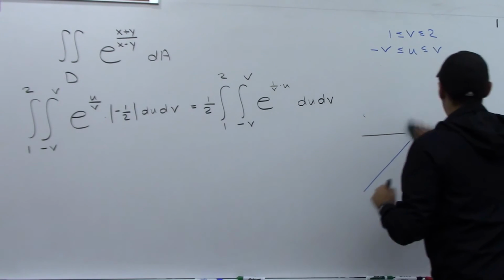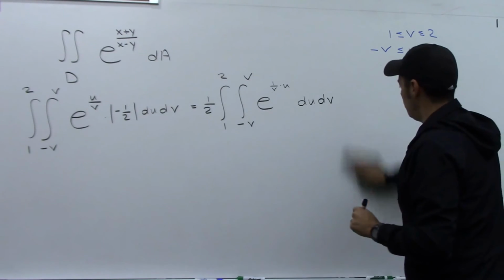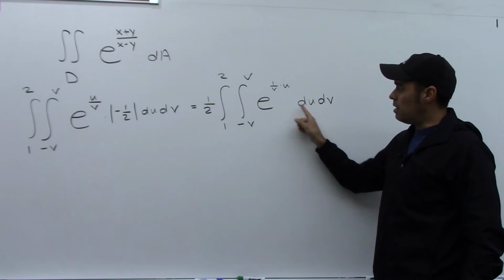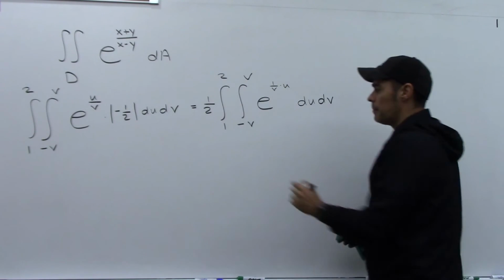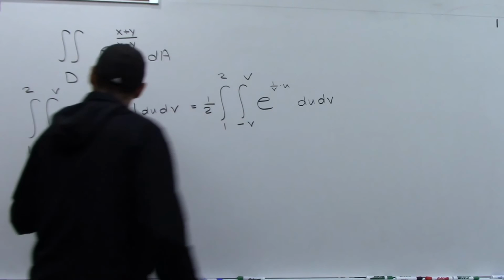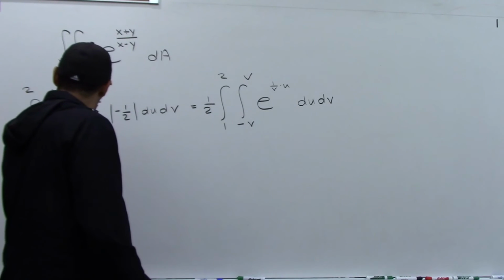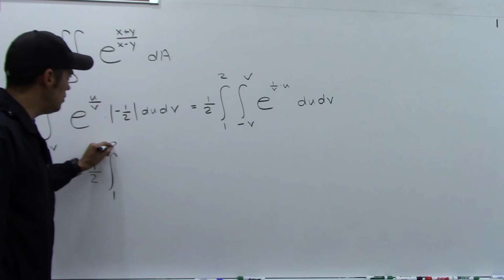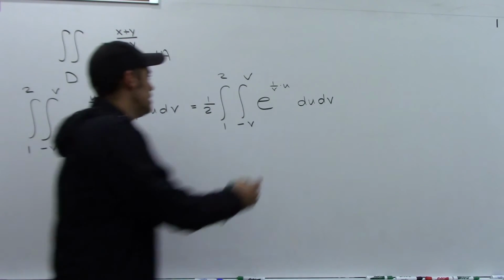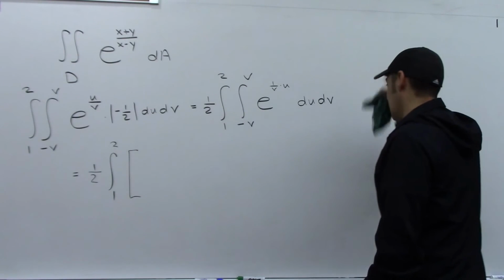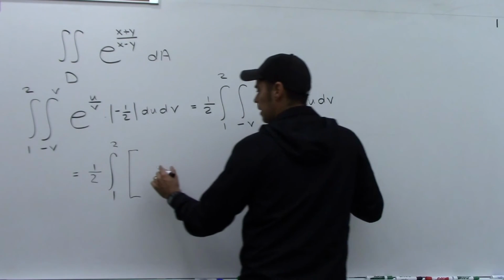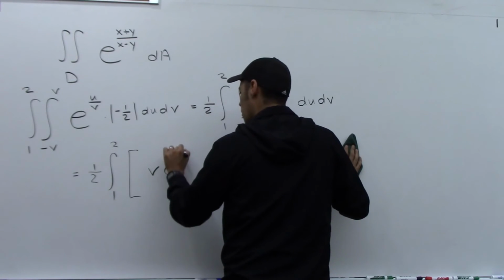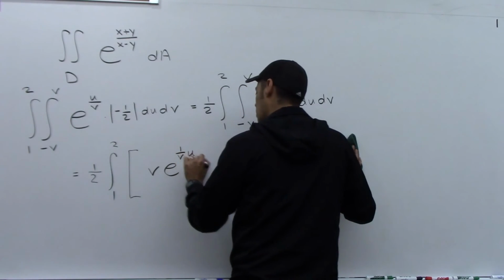The reason I'm doing that is because I'm about to integrate with respect to u, and when I do that, I'm going to treat v like a constant. So 1 over v will be a constant. So this is 1/2 integral 1 to 2. The antiderivative of e to the 1 over v times u is going to be v e to the 1 over v times u.